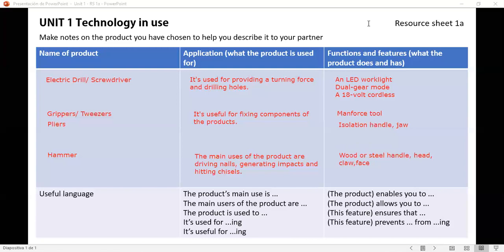On the other hand, we have also the grippers or tweezers or pliers, right? And the application is useful for fixing components of products, and maybe the technicians use it.